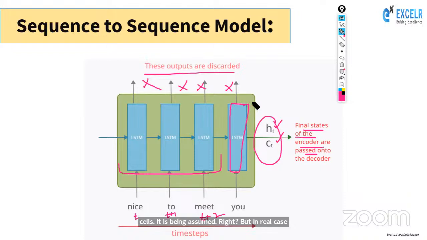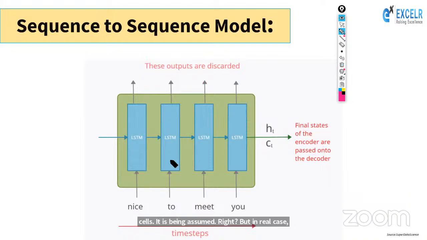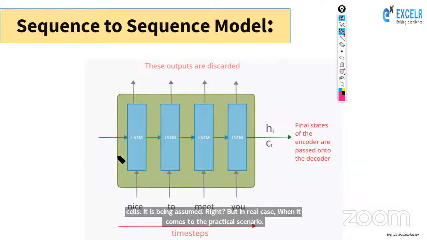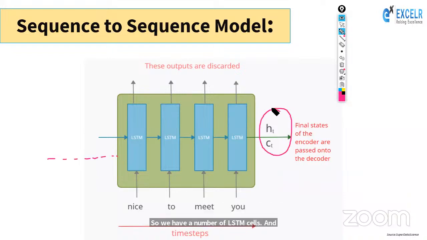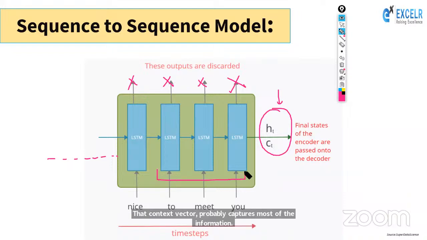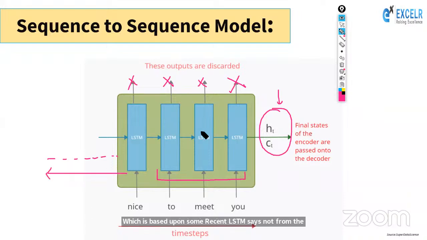But in a real, practical scenario, we have a number of LSTM cells, and since we are discarding these outputs, whatever context vector is generated probably captures most of the information from the recent LSTM cells, not from the past LSTM cells. I will explain this particular point probably in the next session, because from this point we have a couple of other architectures. For now, let's understand it in this way.